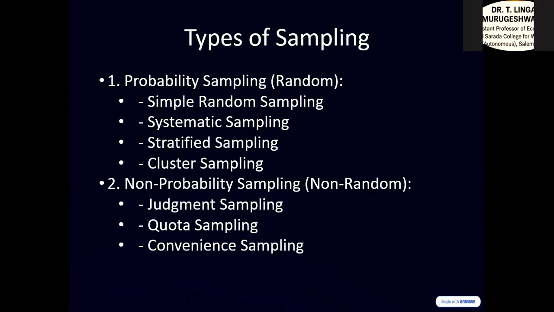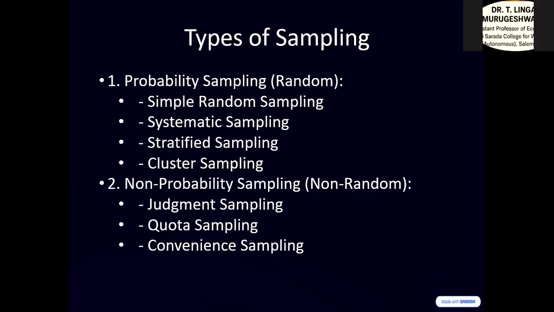This is the gold standard for scientific research because it supports valid generalizations about the population. This includes methods like simple random sampling, systematic sampling, stratified sampling, and cluster sampling. Non-random sampling is where some members may not have a chance of being selected. This includes judgment sampling, quota sampling, and convenience sampling.